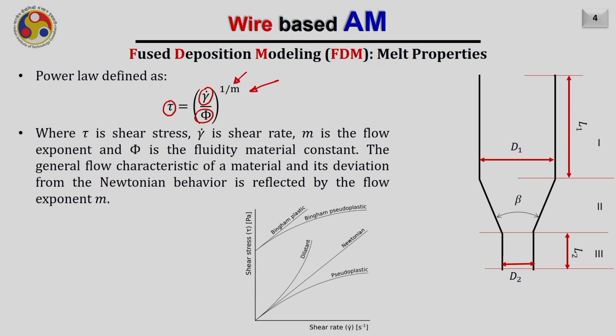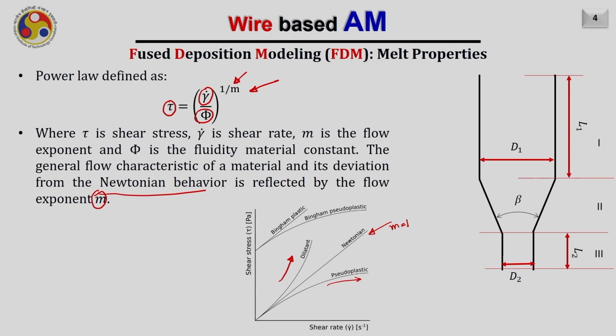The general flow characteristic of a material and its deviation from Newtonian behavior is reflected by the flow exponent m. As you can see, if the value of m is 1, of course, it will be a Newtonian fluid, and based on the value of m, it can be either a pseudoplastic material or a dilatant material like this.